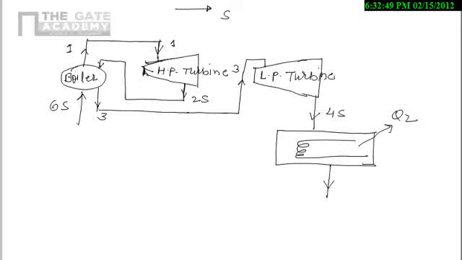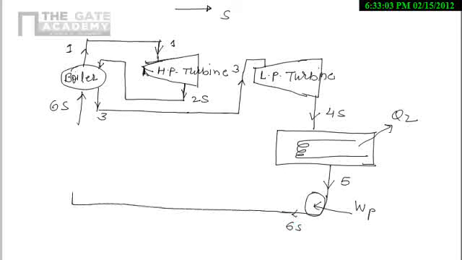Now it will leave at state 5, and 5 will enter the pump. You have to give pump work WP, and 6s is the state which is entering the boiler. So this one is a typical block diagram for the reheat cycle. That is 1, 2s, 3, 4s, 5, 6s, 1.